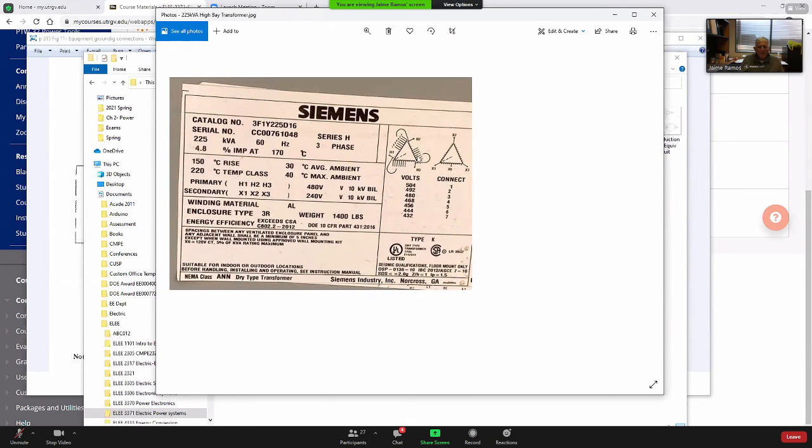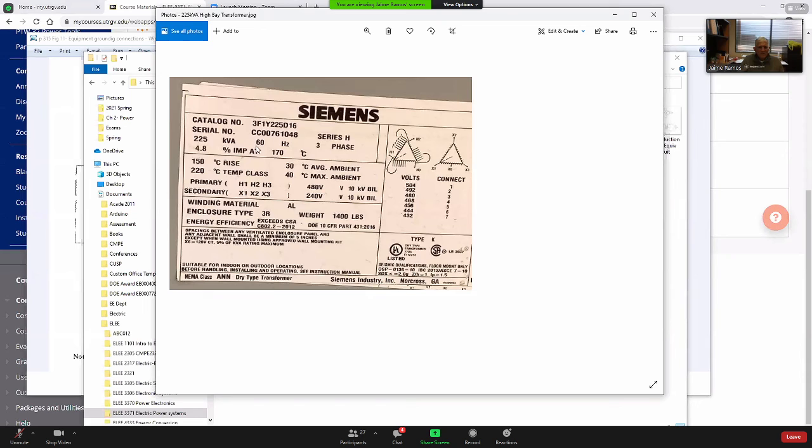This transformer, delta delta, is outside the high bay, 220. So it reads 225 kVA. Then the impedance, look, 4.8 impedance. Then where are the voltages?